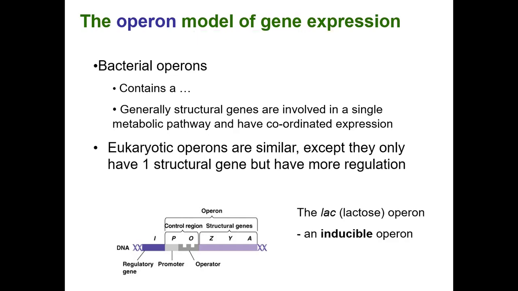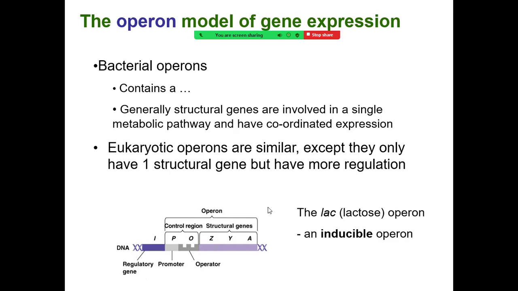Also in the prokaryotic or bacterial operons, we have controlling regions around the gene of interest. And these regions control the expression of the lactase gene or the structural gene of interest. That would be the promoter for one controlling region and the operator, another controlling region.